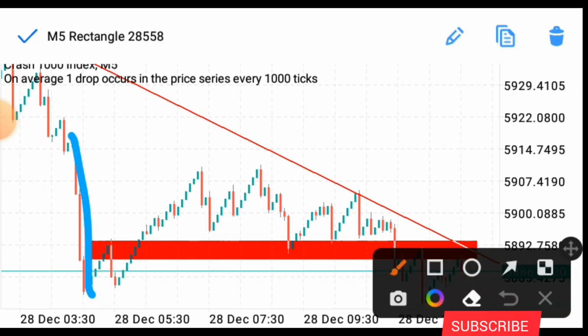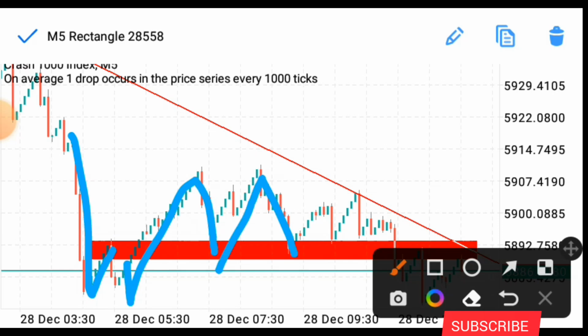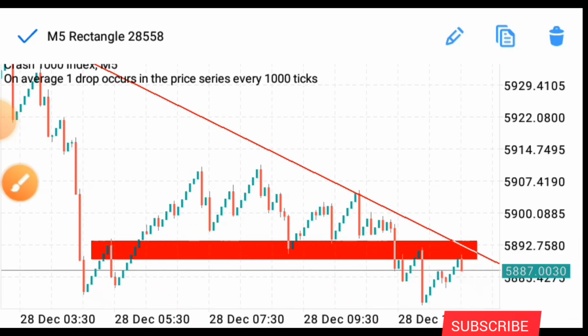It came down here and retested, bounced down a little, broke through it, came down here, bounced up, tested, bounced up again, and then price broke down. You can see the way it's reacting to that zone.